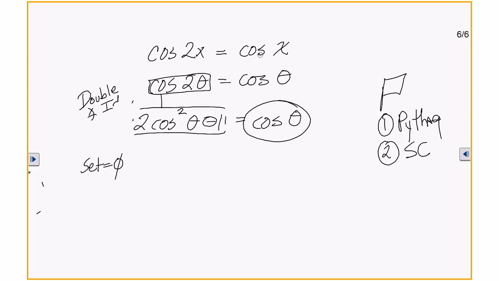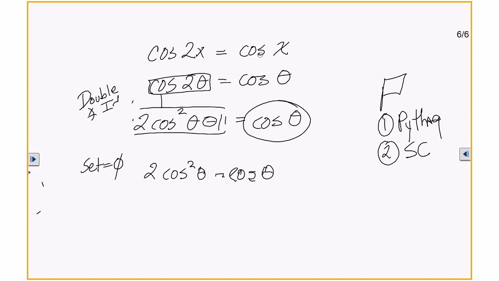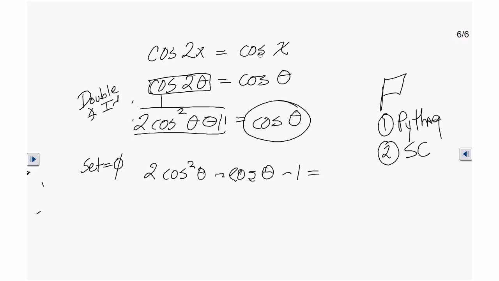No. So if you go a certain route and you start to see a bunch of junk, then you need to say, wait a minute, I need to do something else. So that's going to give us 2 cosine squared theta minus cosine theta minus 1 is equal to 0.